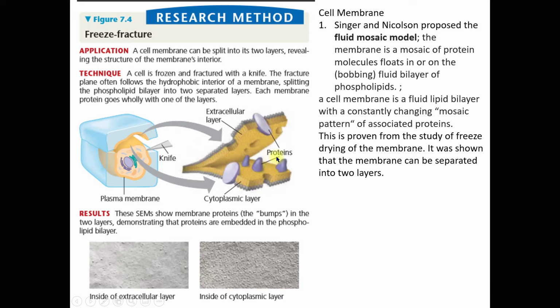And then this protein molecule can be found either floating or in this phospholipid bilayer. Okay, so we can say that the two main components of the plasma membrane are the lipids and proteins.